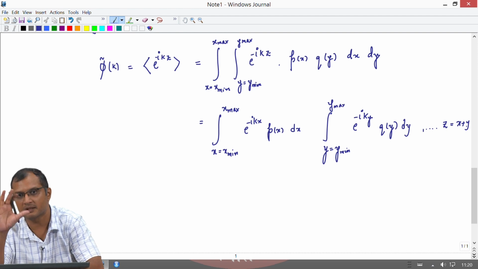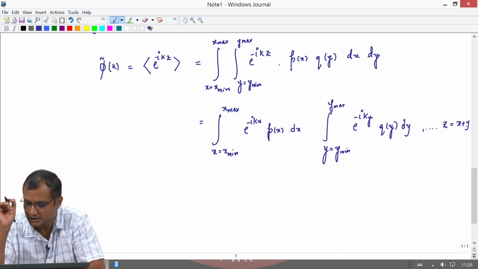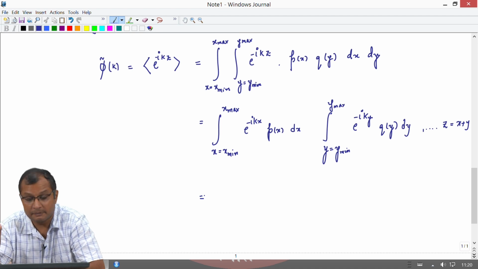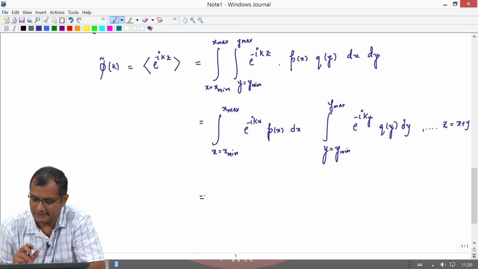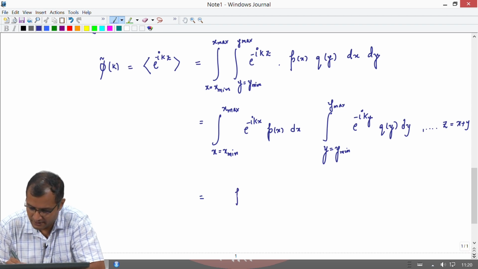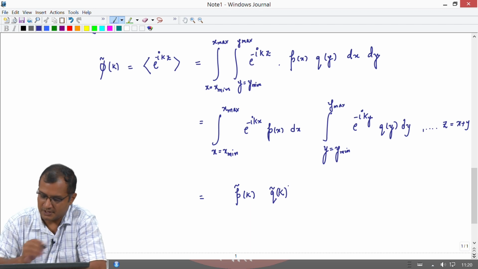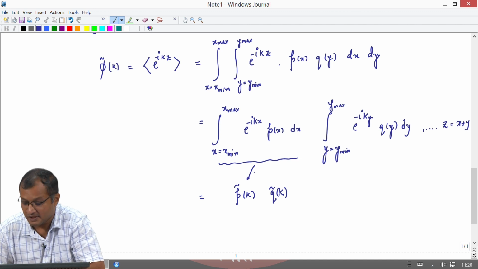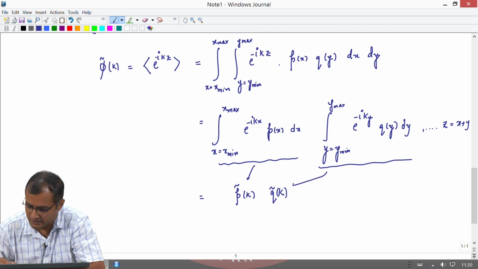So, I have just separated the 2 degrees of freedom into 2 separate integrals. Now, x and y are uncorrelated, so this separation was possible, and if you visualize the 2 integrals, they are individually nothing but the characteristic functions of the x distribution and y distribution themselves. This entire integral was the characteristic function of the p distribution, and this one is the characteristic function of the q distribution.